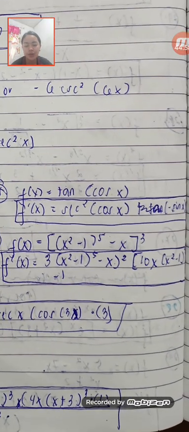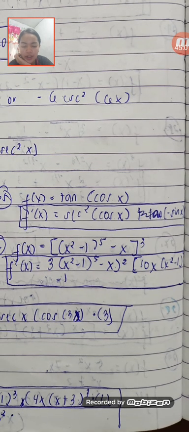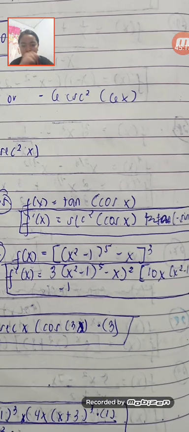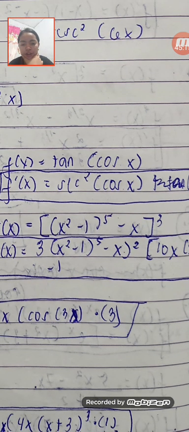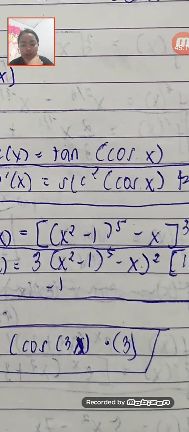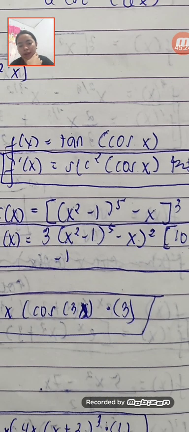So again, in chain rule, you just need to be careful with the exponents because it's quite confusing. It's not challenging, but it's quite confusing. So again, in getting the 10x, you just need to bring down the 5 and bring down the 2, 10x. That is the derivative of the inside, and you just need to copy the inside function, multiplied by negative 1.